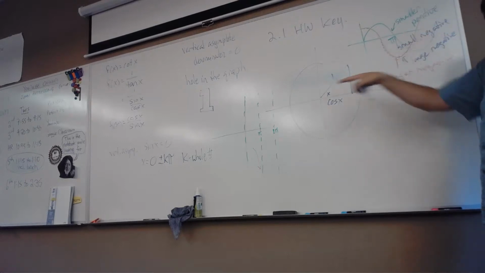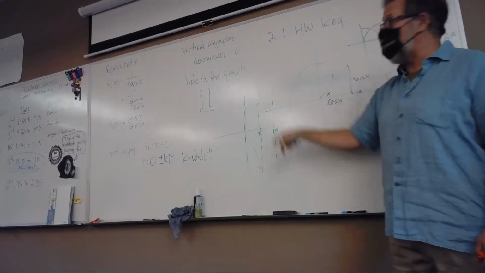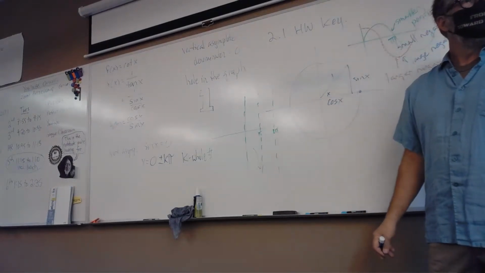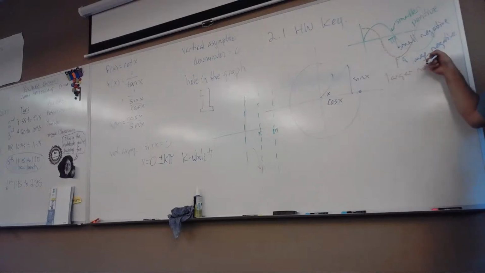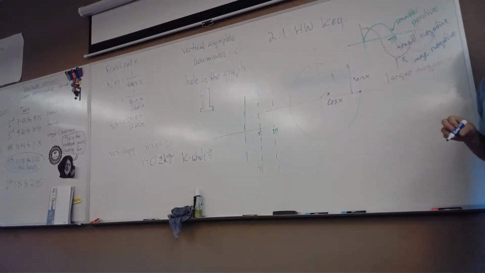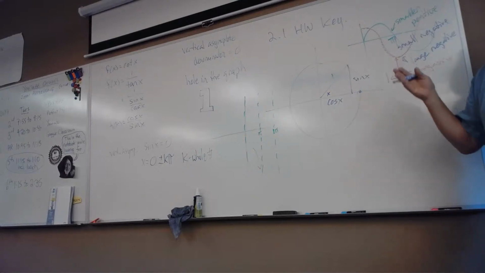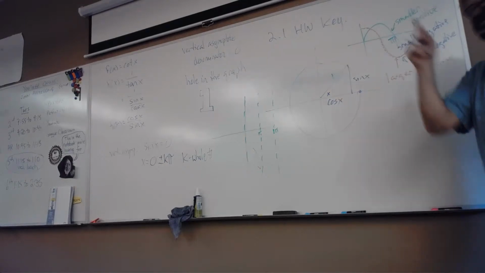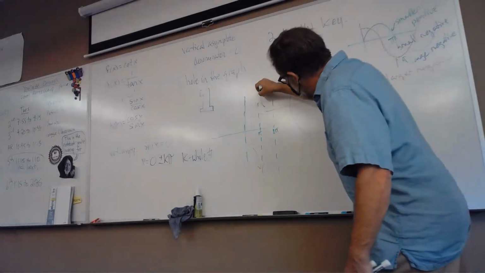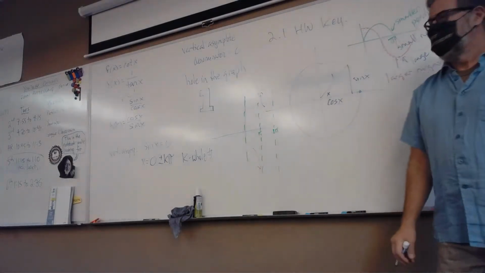So what does my asymptote do on this side of pi? Large negative divided by small negative. There's only two possibilities. Just take a wild guess. Positive. There we go. Negative over negative. Boom.